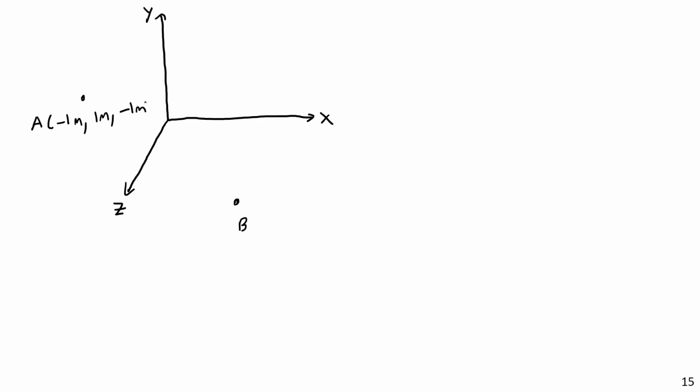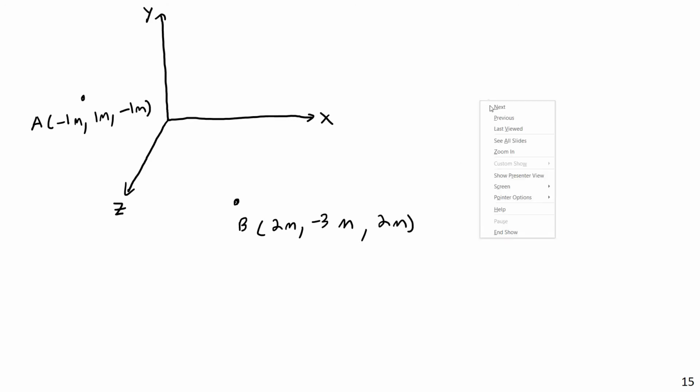And then B has coordinates of 2 meters in the x, negative 3 meters in the y, and 2 meters in the z as well.